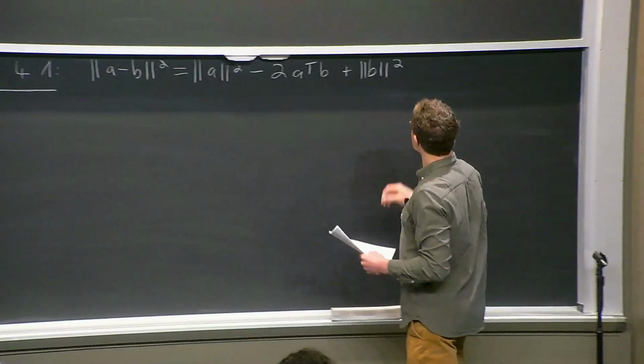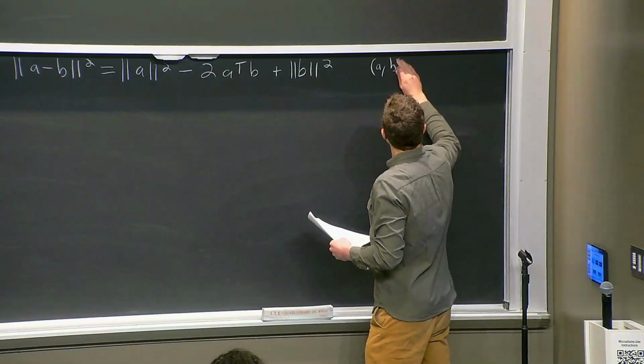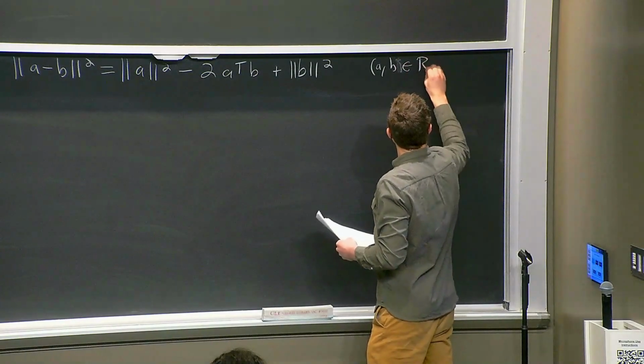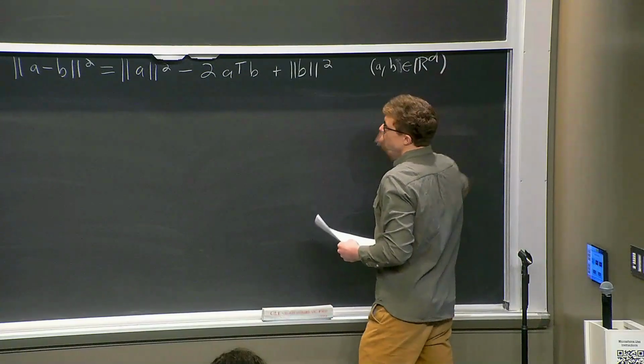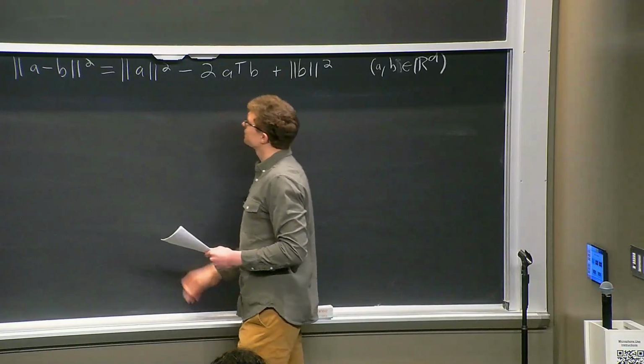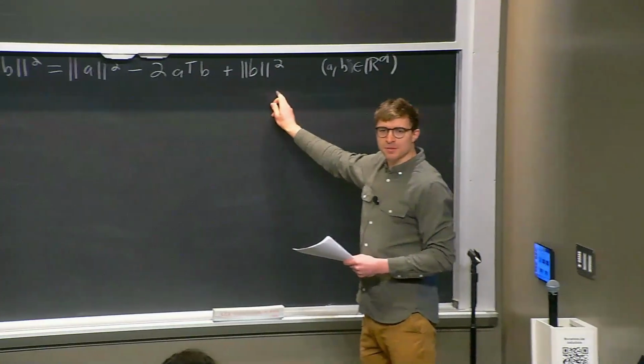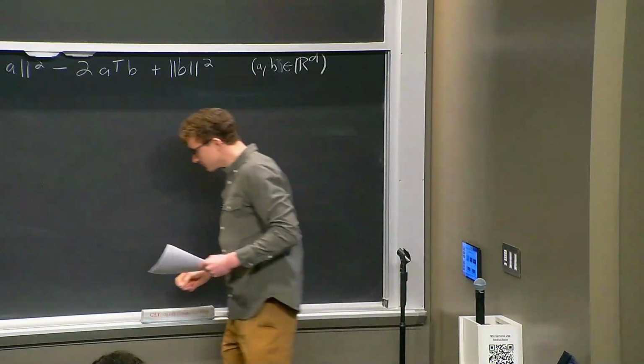If you have two vectors A and B, and they lie in R^D, and you take the squared error, you get this formula. That's basically the quadratic formula, but for dot products.